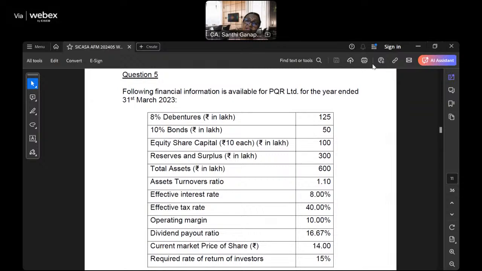So the company has an optimal capital structure. They want to grow. What is the maximum rate at which they can grow? But they should not disturb the capital structure. They are not interested in issuing fresh shares.